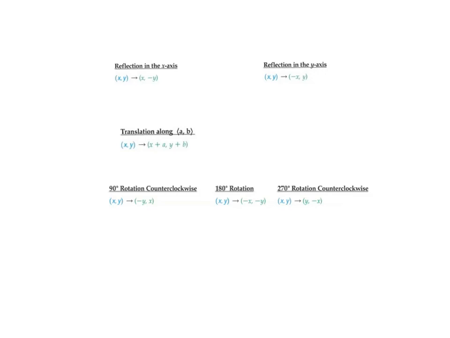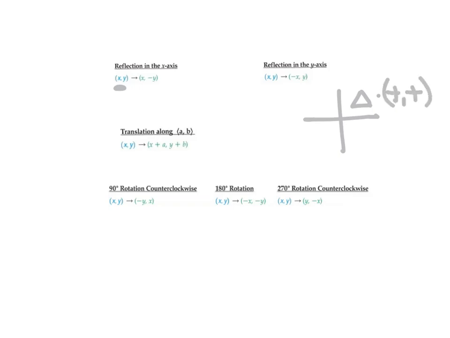Okay, so I put all these in on one page rather than move it along, but let's have a look at what happens to the coordinates when you are reflecting or translating or rotating either counterclockwise or 180. Okay, in a reflection, let's have a look at what happens, this is in the x-axis. Okay, so if you could imagine, if you've got your coordinate here, if I'm reflecting it in the x-axis, well, in this coordinate, it's positive and positive, okay?